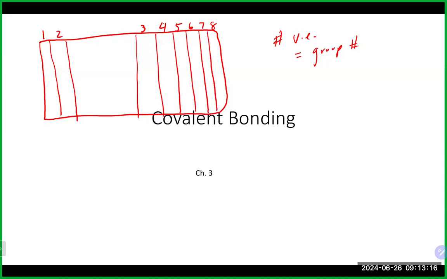More importantly, in terms of charges, everybody in group 1 will have a +1 charge, a fixed charge. Everybody in group 2 will have a +2 charge. Group 3 is pretty much going to be aluminum, which will be +3. When we get over here to the nonmetals, which are above the staircase, group 5 is going to be a -3 fixed charge, group 6 will be -2, and group 7 will be -1.